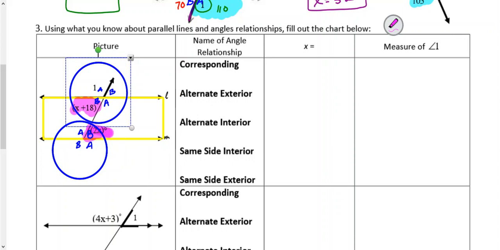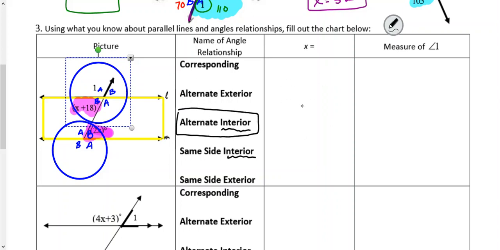Now both of these angles are located inside my box. So that means they're going to be some sort of an interior. Interior means inside. So then you have to ask yourself, are they alternates? Are they on different sides of my diagonal line? Or are they on the same side? These two are on different sides, so my answer would be alternate interior.